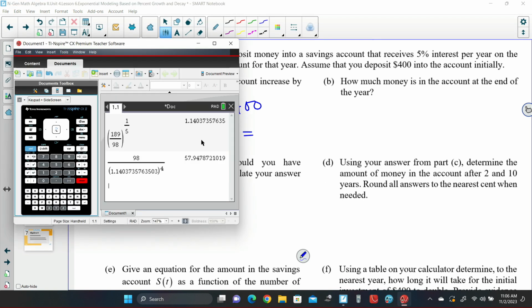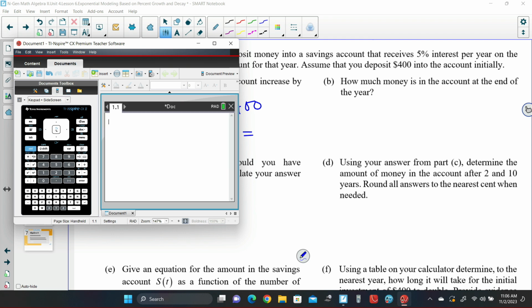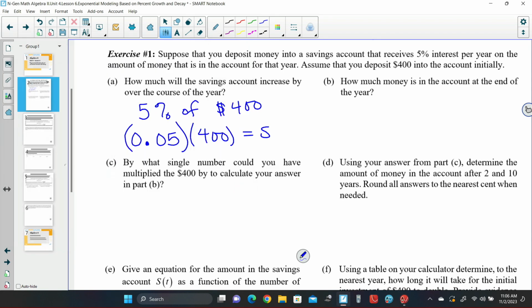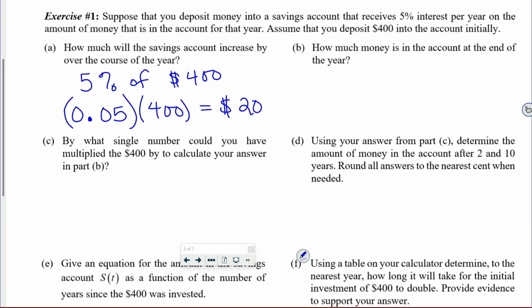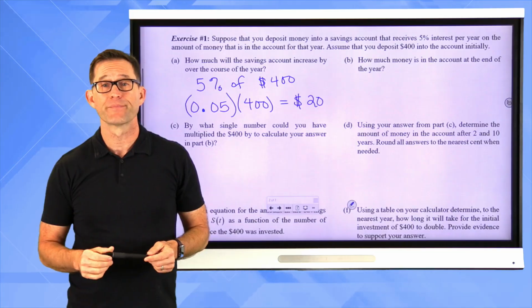Let me clear all of this out. And we just take 0.05 times 400 and we get 20. Simple enough. So that's going to increase my account balance by $20. Awesome, free money.